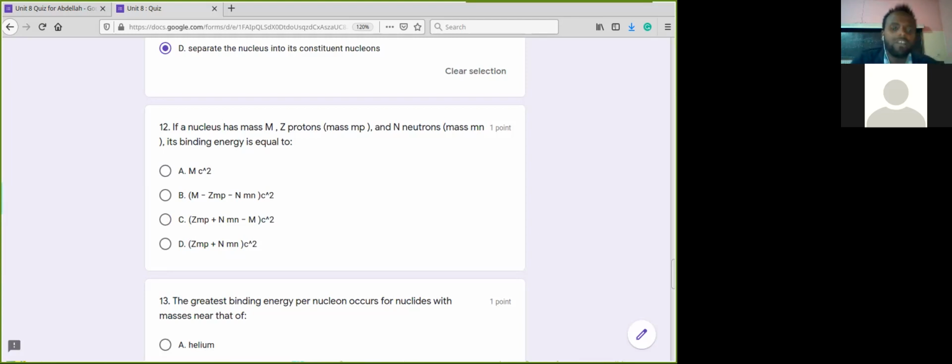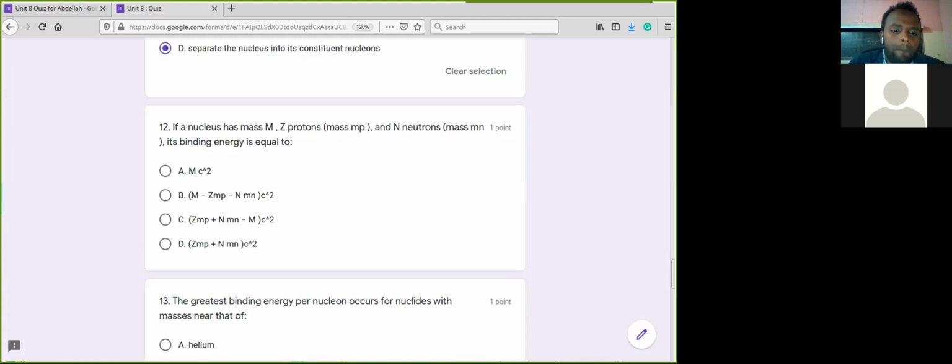Its binding energy is equal to which option? Option A, mass of the nucleus times the speed of light c squared. B, mass of the nucleus minus Z times mp minus N times mn, the whole times c squared.